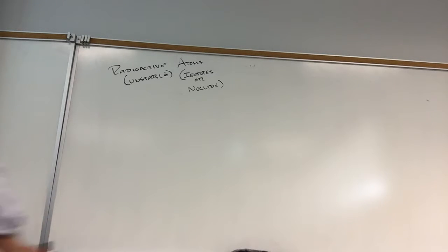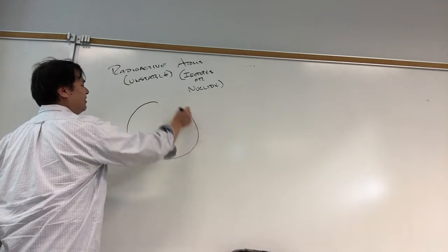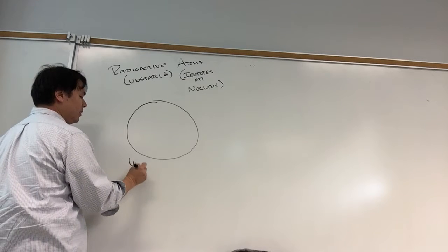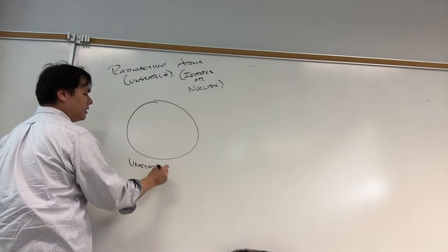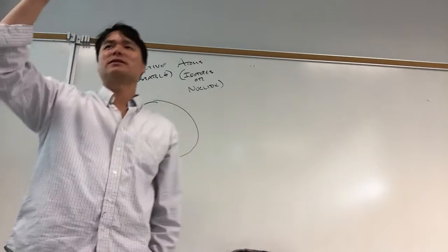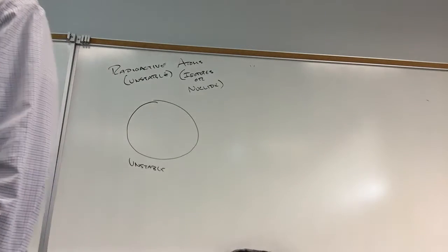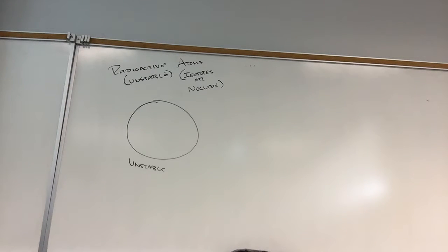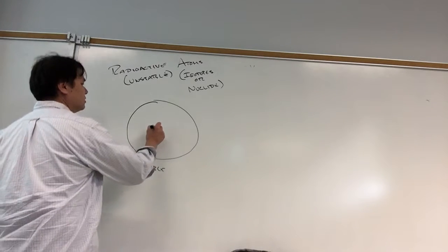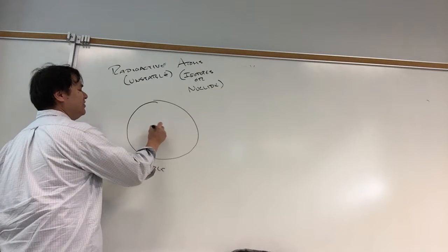And so we have an unstable atom here. This is unstable. And what makes it unstable? Is it the electrons? The electrons are in some excited state? No, it's not the electrons. In fact, nuclear chemists don't really concern themselves with valence, core, those things. Nuclear chemists look at the nuclei. And so what we have is an unstable nucleus here.